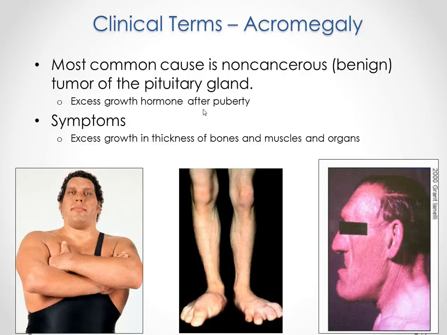They turn to bone. So instead of causing that bone to lengthen, such as in gigantism, it's going to cause those bones to become larger. Some of the areas you would see the bones thicken is going to be in the face, in the hands, and in the feet. You really see an enlargement in some of those smaller bones.